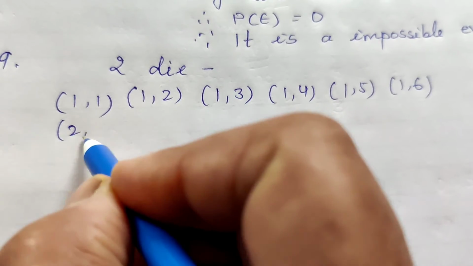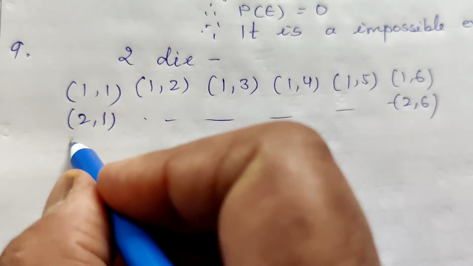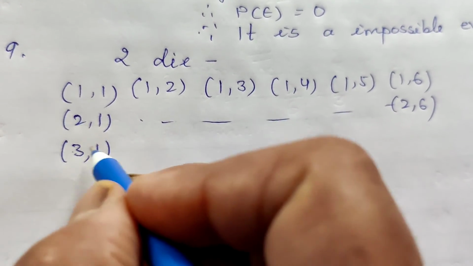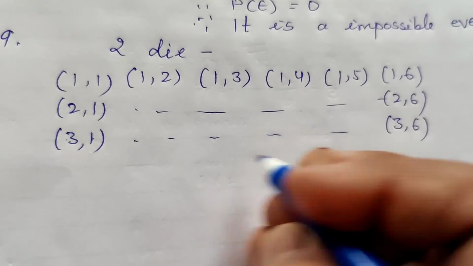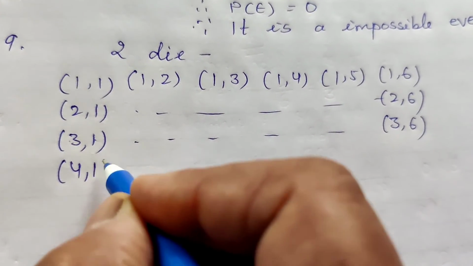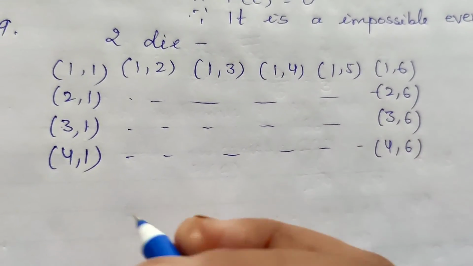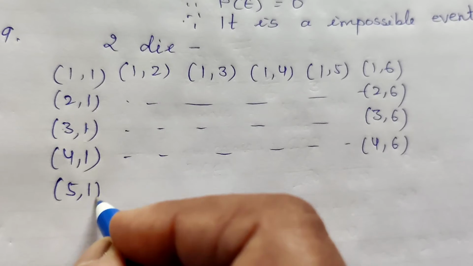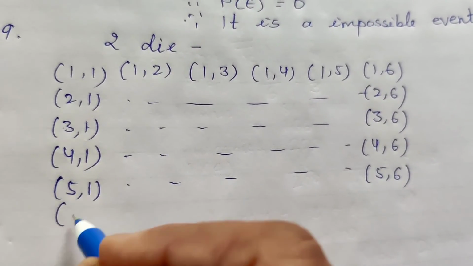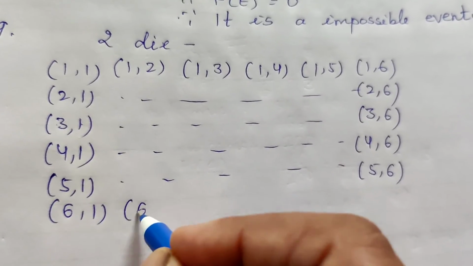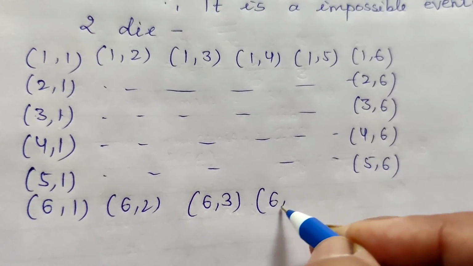Similarly 2 1 up to 2 6, 3 1. First dice 3, second 1, and the same, 3 continues up to 6. Similarly 4 in the first dice and 1 in the second, and so on. 5 1 till 5 6 and 6 1, 6 2. First dice 6 and second 3, 4, 5 et cetera.